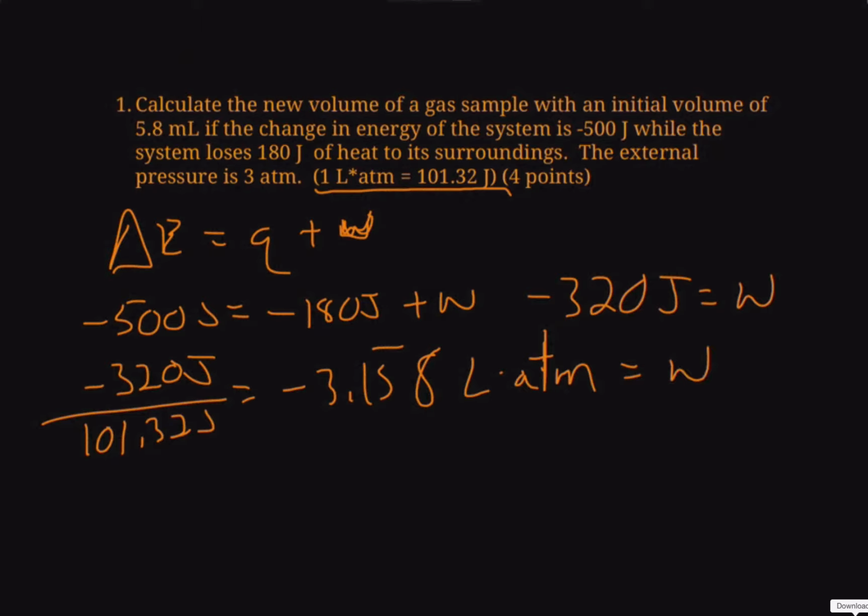So since the work here equals the negative, remember that work equals negative of pressure times the change in volume, and the change in volume is the difference between the final volume and the initial volume. We're looking for the final volume. So work equals negative pressure times final volume minus initial volume.